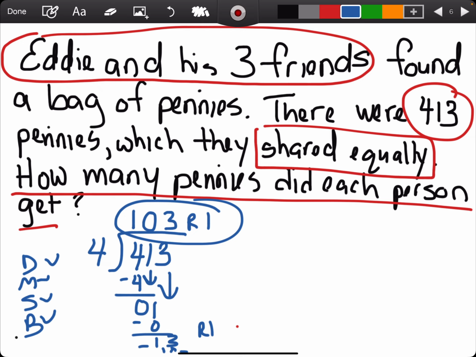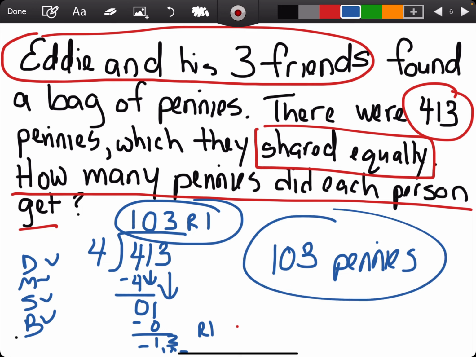How many pennies did each person get? Each person got 103 pennies. There was 1 penny left over. But if I don't have enough pennies to give to each person, that penny is going to stay off to the side. I cannot give it to each person. So it would be 103 pennies.